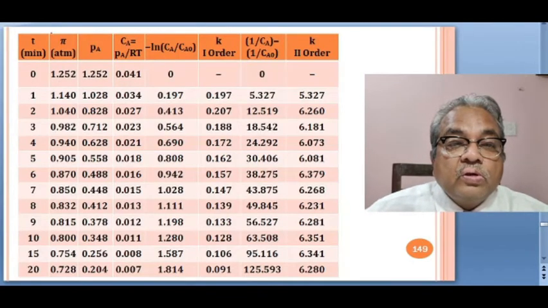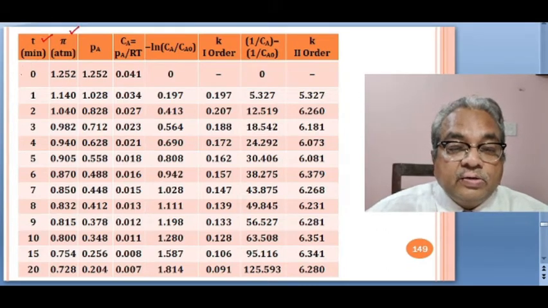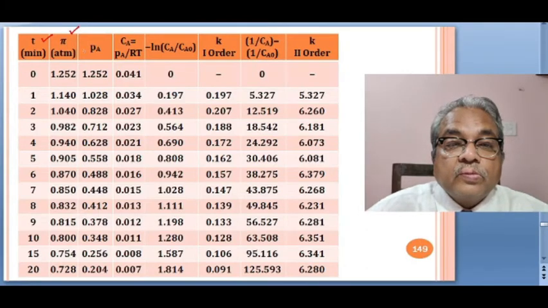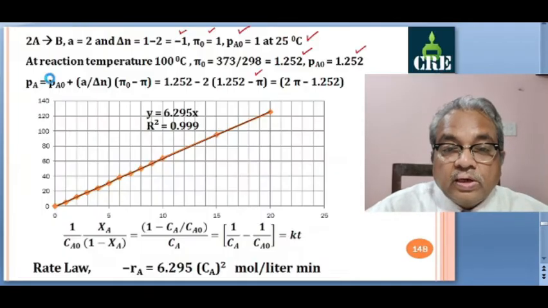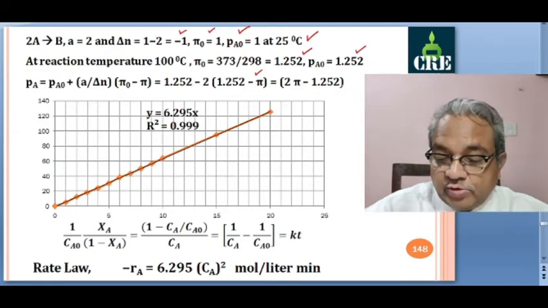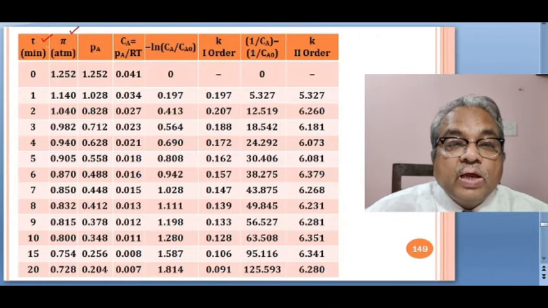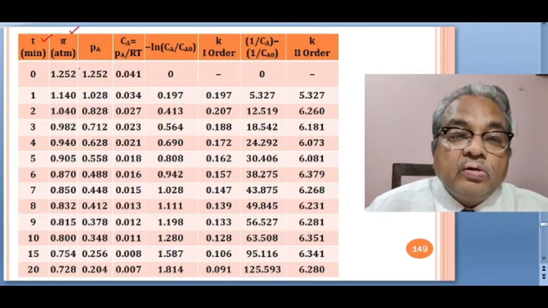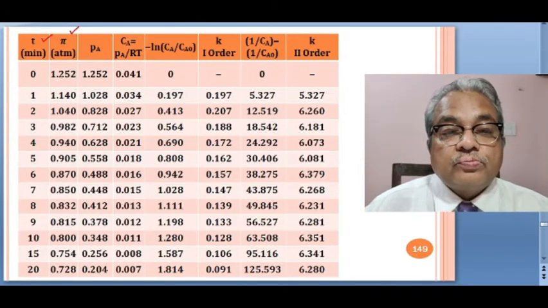So here we are provided with pi and t data. Pa you can calculate from this. Pa is simply 2 pi minus 1.252. So we have the values of pi with respect to time at different times, and you compute 2 pi minus 1.252.